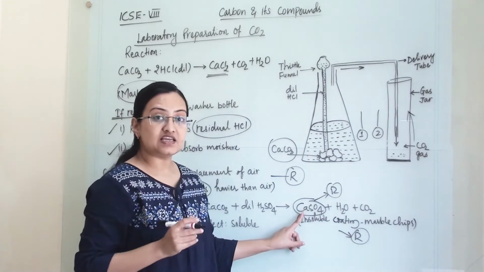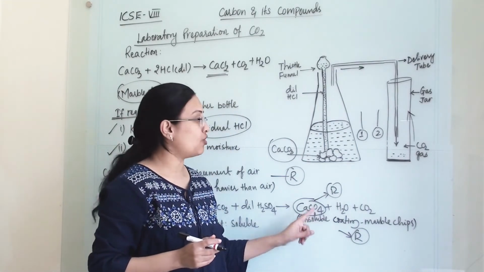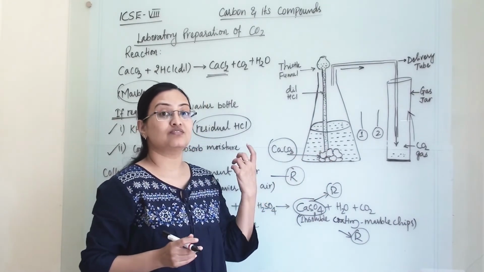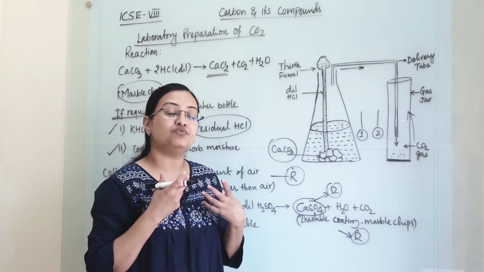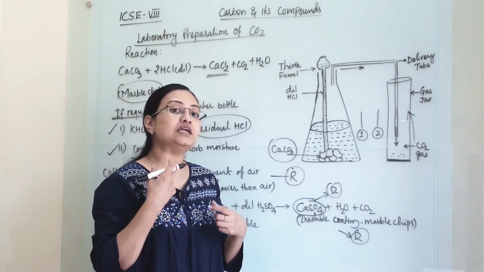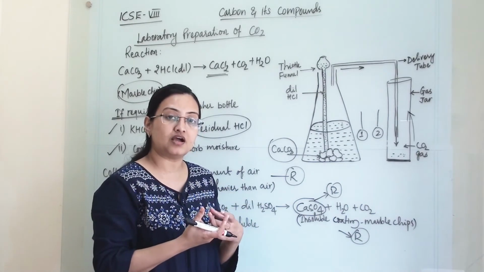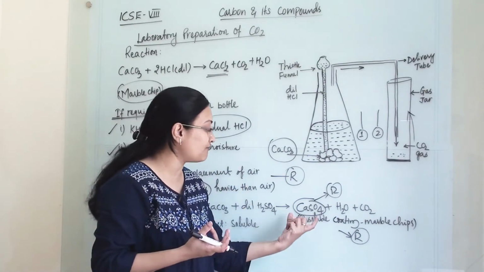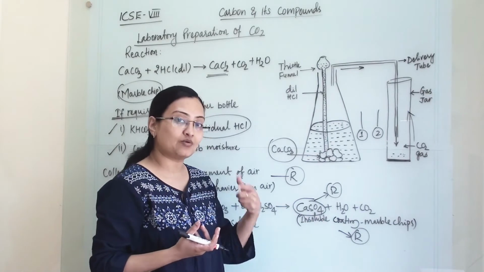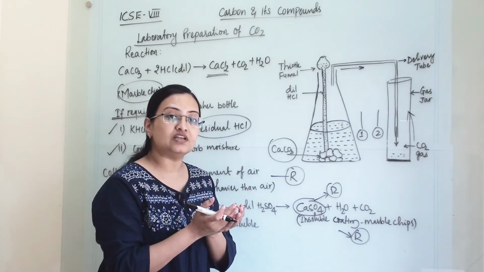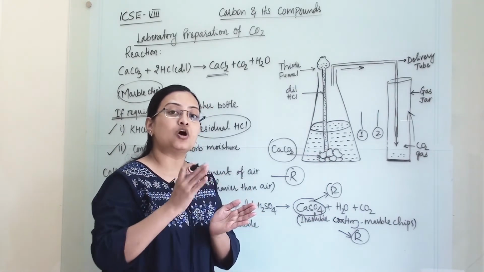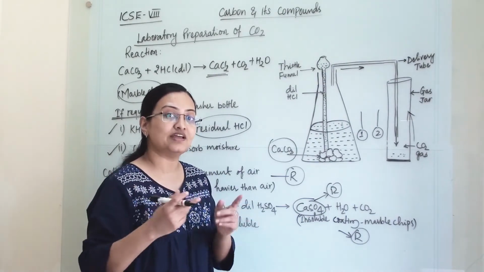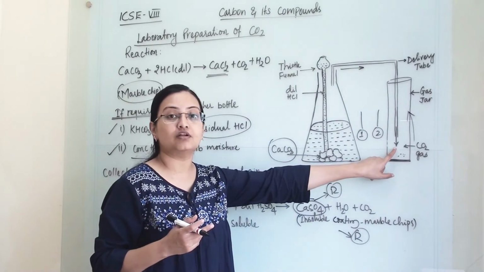This CaSO4, calcium sulfate, will form on the surface of calcium carbonate, because sulfuric acid is very reactive. Immediately it will come in contact with calcium carbonate and form an insoluble hard coating of calcium sulfate on the marble chip. Once that coating forms, our marble chip will stop reacting, the reaction will not proceed further, and in turn we will not get our product.